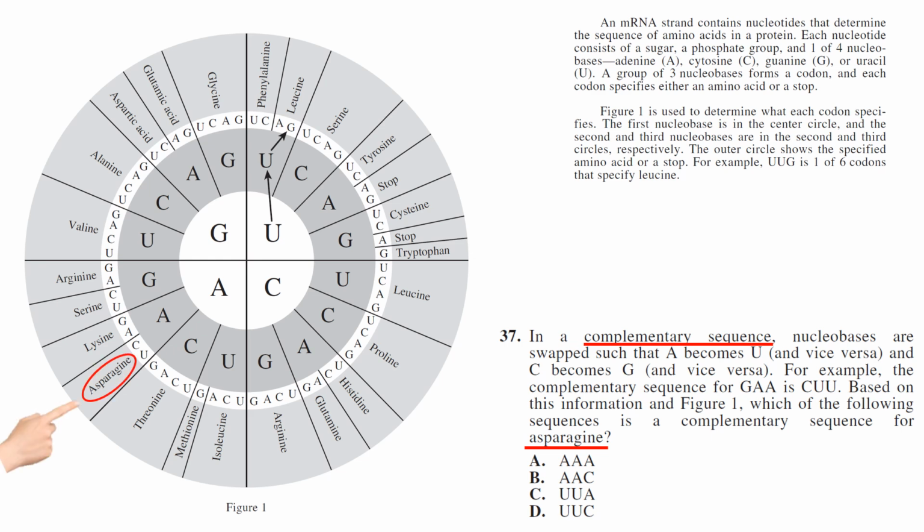So we have asparagine there, and that is AAC or AAU, either of those two. So let's swap those. We get UUG or UUA, right? We swapped based on A becomes U, C becomes G, and which one of those is in our answer choices? UUA, so your answer is C.